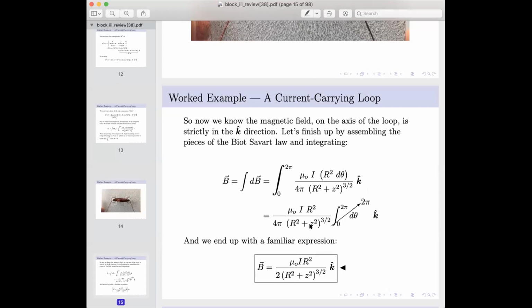So it makes some nice cancellations for algebra, but these problems are pretty straightforward. It's just remembering how to find your r vector and your dL. Most of the rest of it is just algebra.